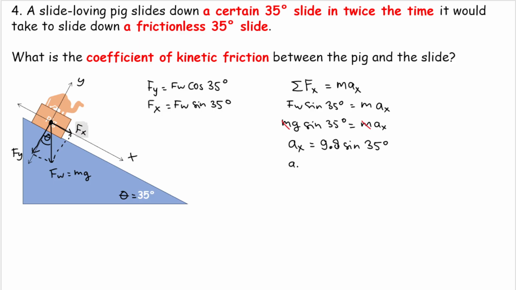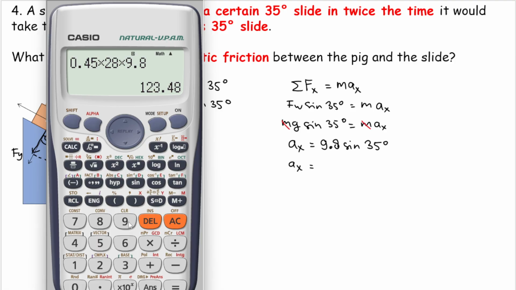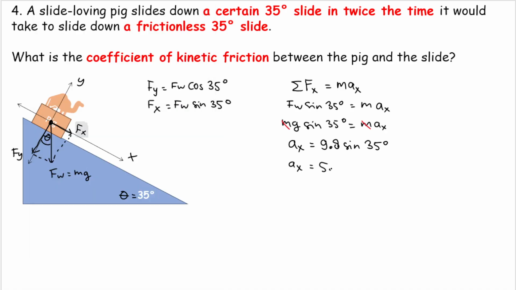And that will be 5.62 meters per second squared. This is the case where it is frictionless, so I need to write it here: this is frictionless.